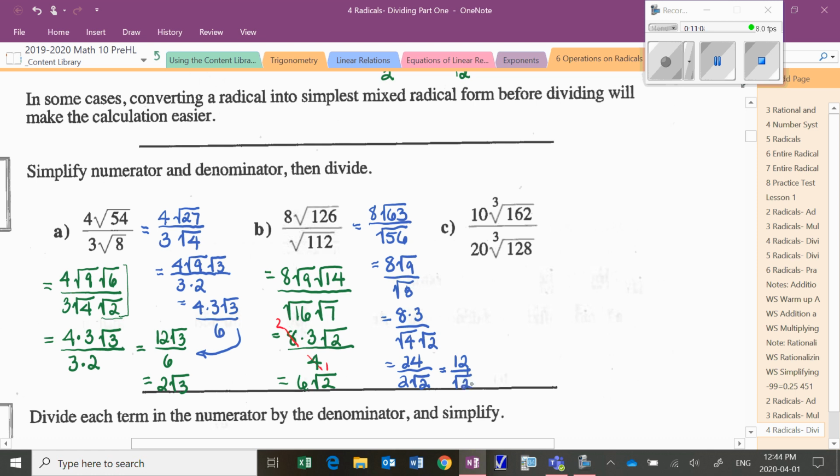Now the issue with this is it's obviously not the same as 6 root 2, and so the question is, okay, how is it that I get that same answer, and why isn't it the same? Well, first thing, double check in your calculator that they are in fact the same decimal approximation.